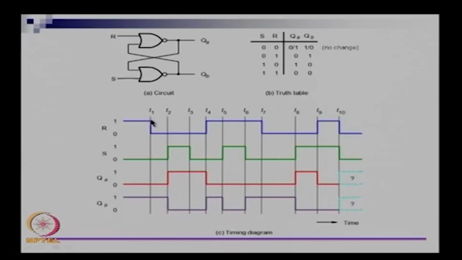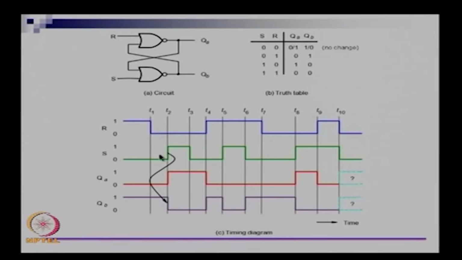So, till T1 it is straightforward, these signals are all consistent with each other, you do not have to assume anything, just making R equal to 1 and S equal to 0 will imply what QA and QB are. Let us assume now at T1 R actually goes down to 0.